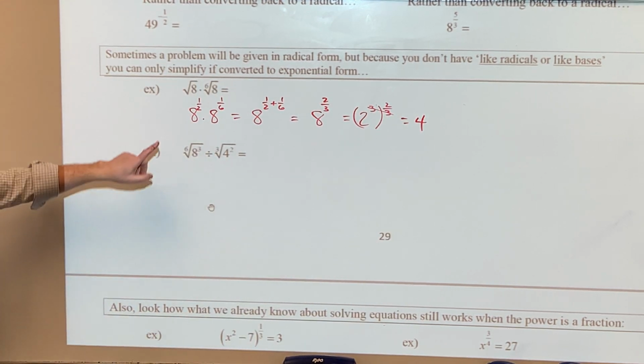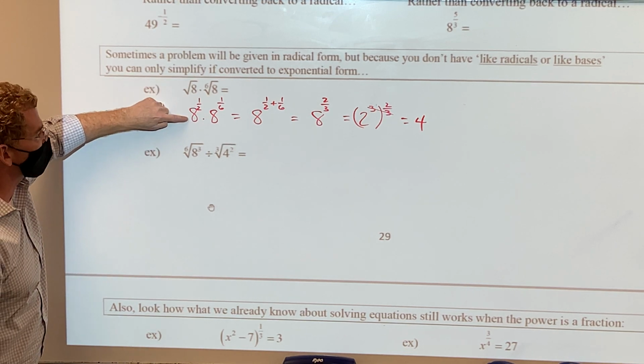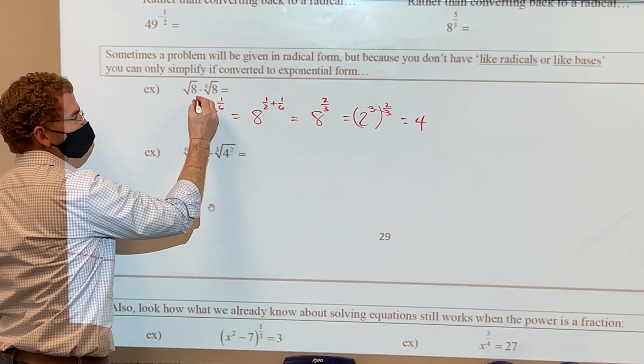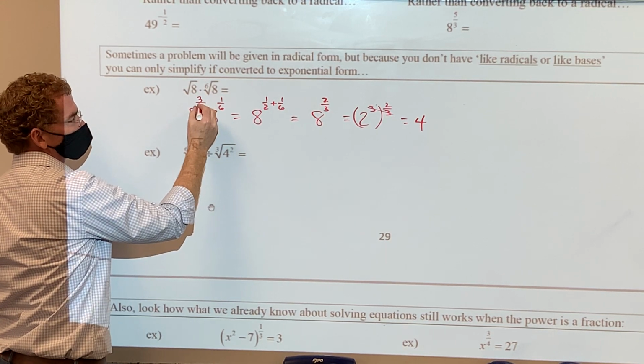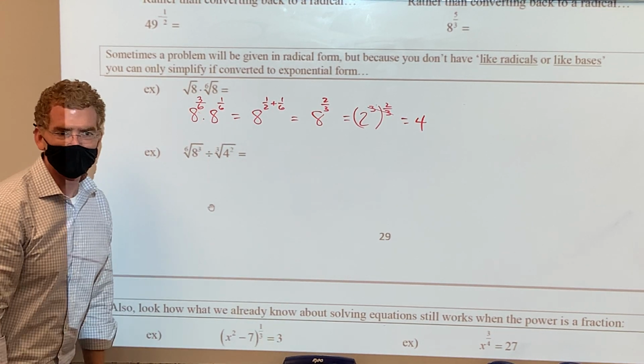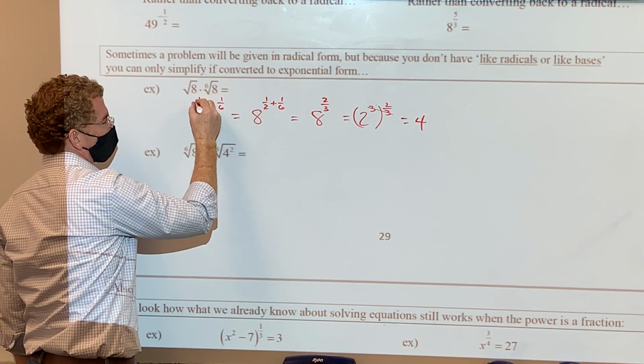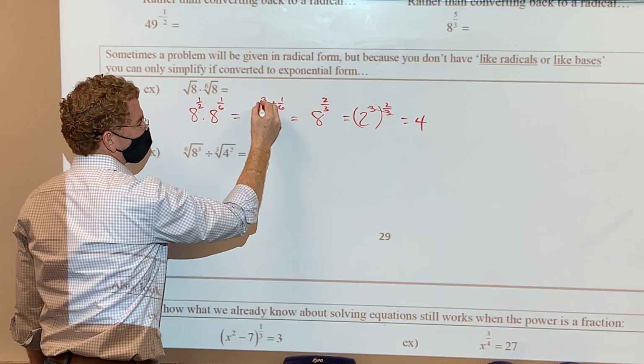Now you might notice something right here. 8 to the 1/2 right here is the same thing as what? Isn't it also the same thing as 8 to the 3/6? 1/2, 3/6. I'll tell you what, I'm going to leave this 1/2 and change that to 3/6.